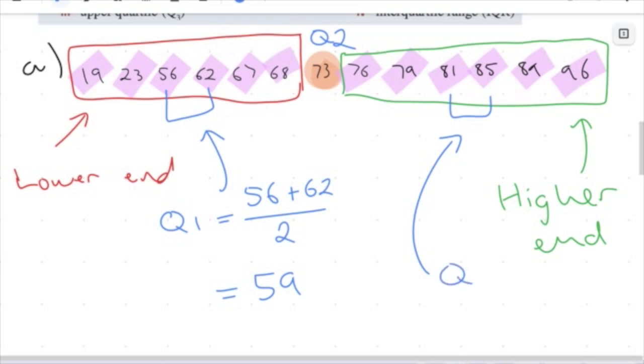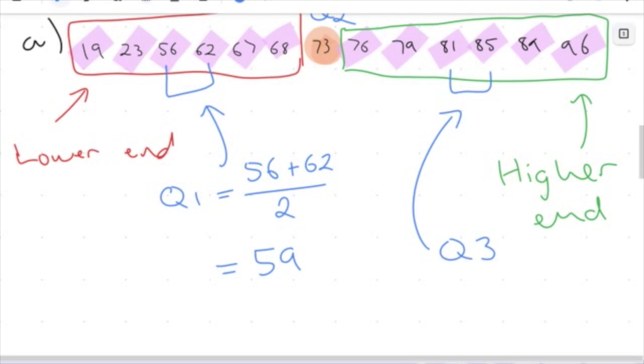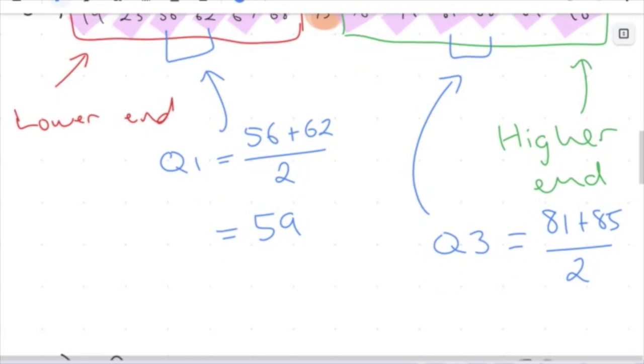This is going to be my quartile 3, because remember, my quartile 3, my upper quartile, is the middle of my higher end. So Q3 is going to be the middle of these two numbers, 81 and 85. So we are going to average these out. And that is going to give us 83.